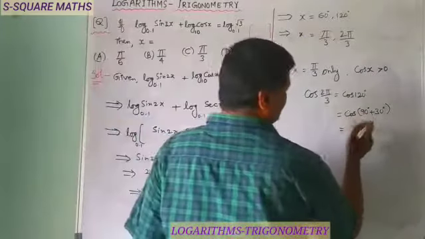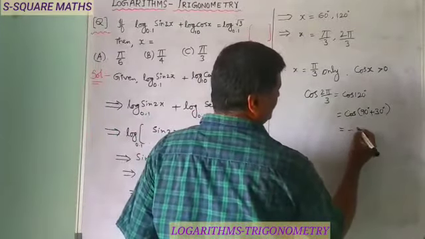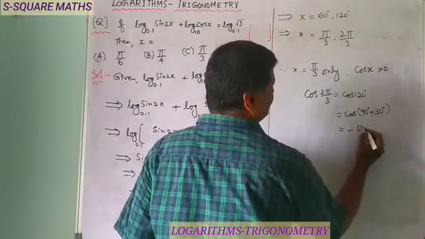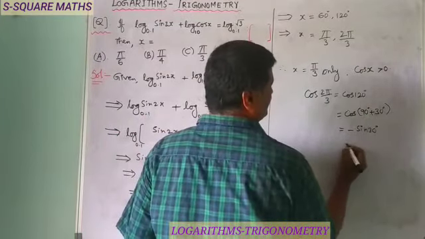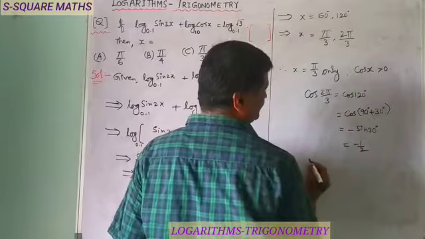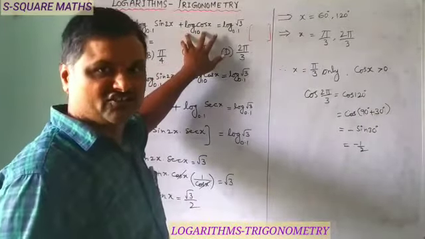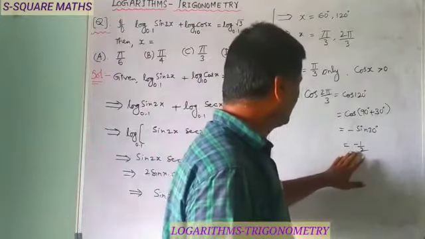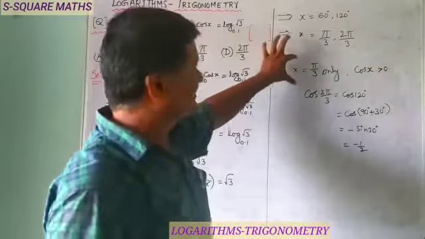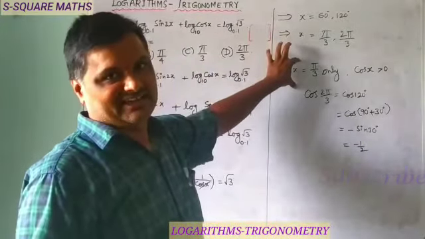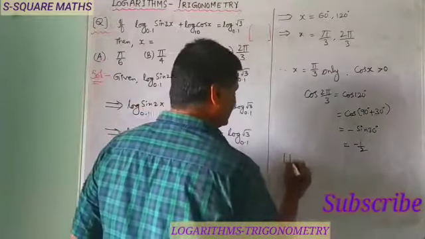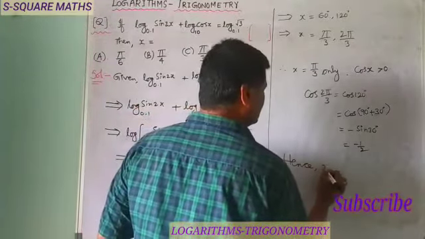Cos will be negative there, so it is minus sin 30 degrees, which is minus 1 by 2. Logarithms are defined only for positive real numbers. Since here we get a negative, we have to consider only pi by 3 as our answer. Hence, x is equal to pi by 3.